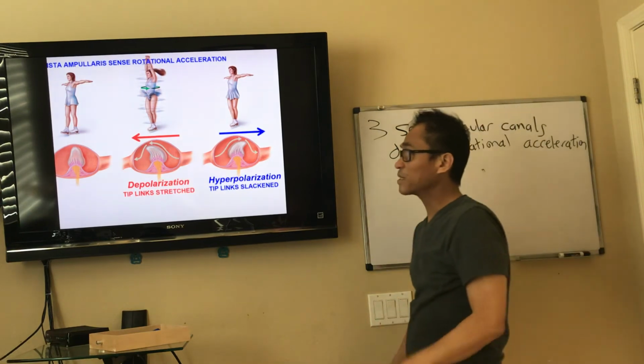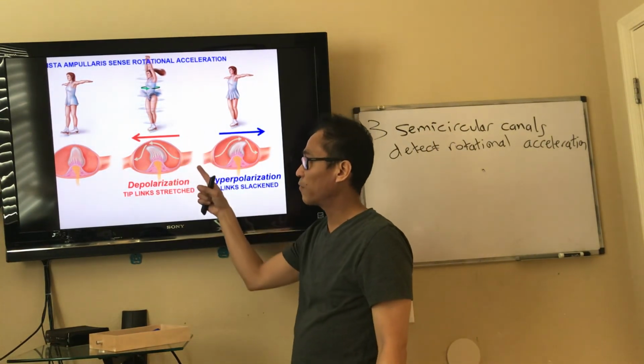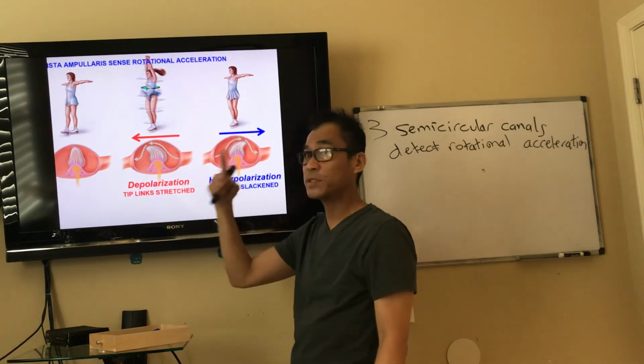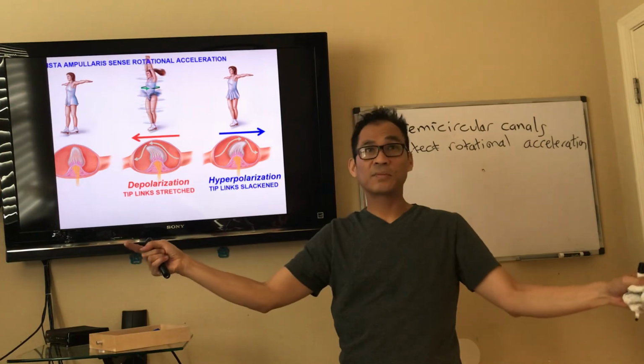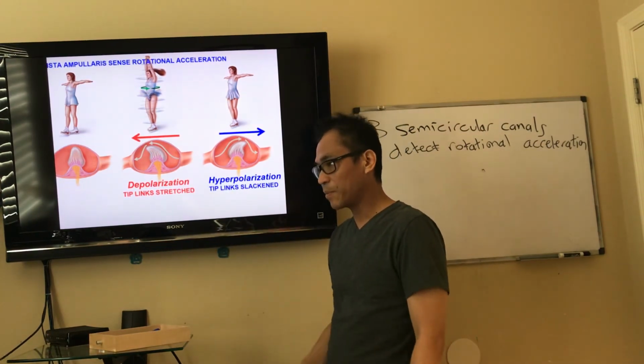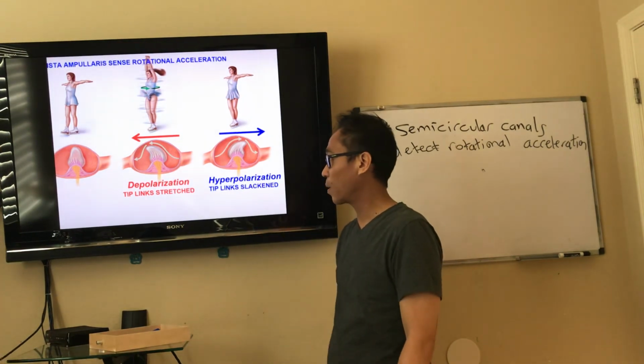So think of the example of a figure skater spinning around. The fluids move one way. Then you stop, but the fluid still moves, and you still have the sensation that you're spinning around. Because you're moving it the other way, you sense that you've stopped, but you still feel like the room is spinning. Okay, because you're still moving the hair cells one way or the other.